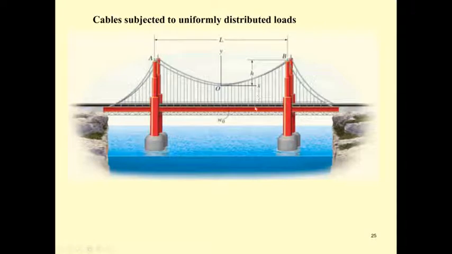If the anchors are put in close position, the force that is distributed from the girder along the anchors will act on the cable in a uniformly distributed load manner.